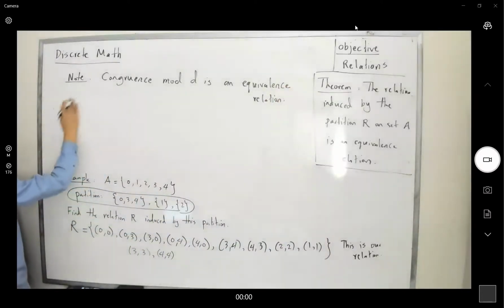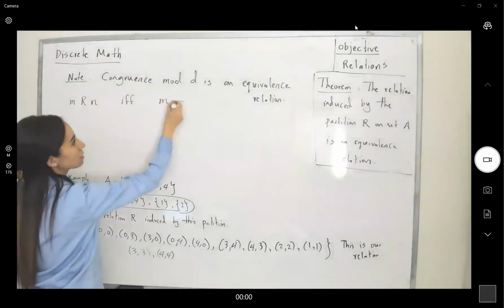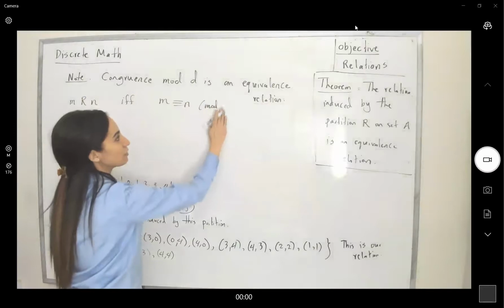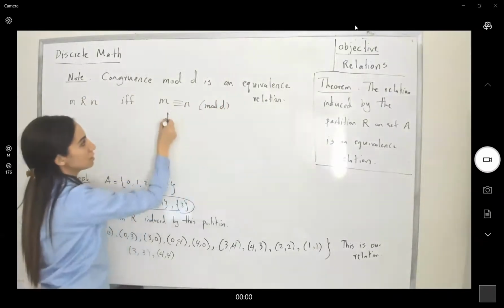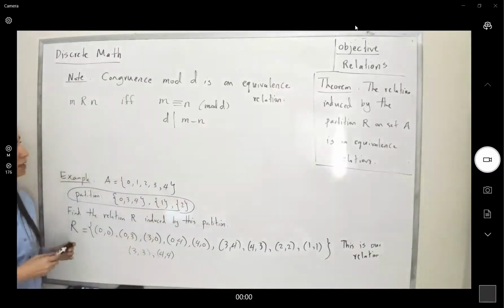So, for example, we say that M is in relation with N if and only if M is congruent to N mod D. What's the meaning of that? It means that D divides the difference between M and N.